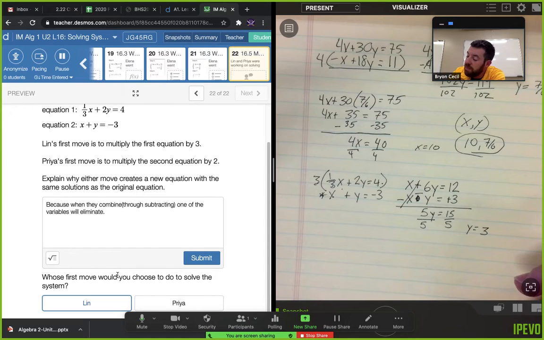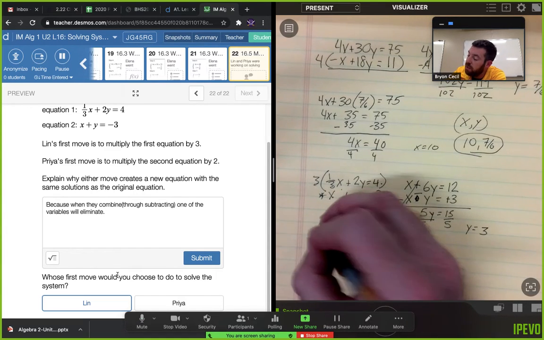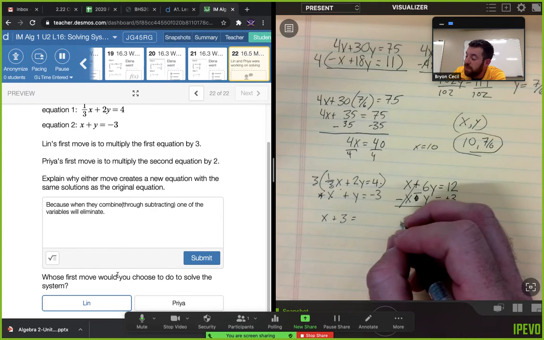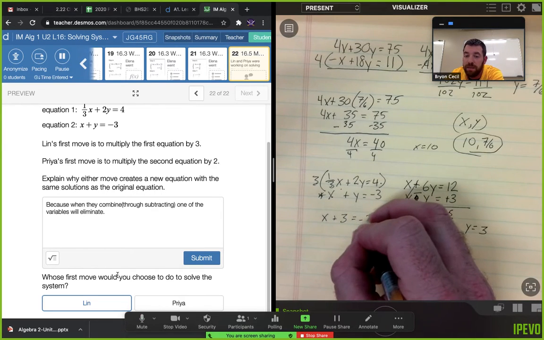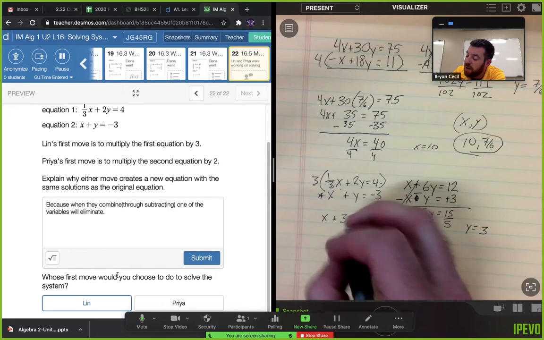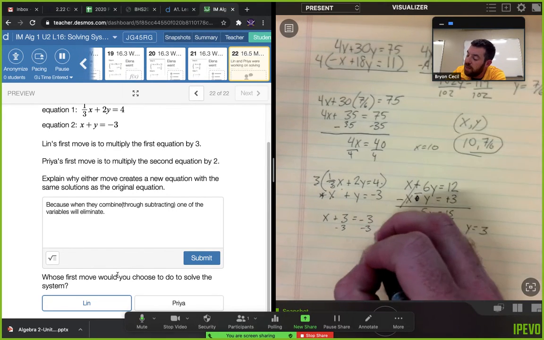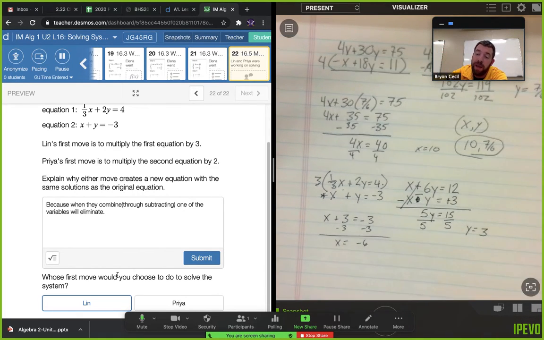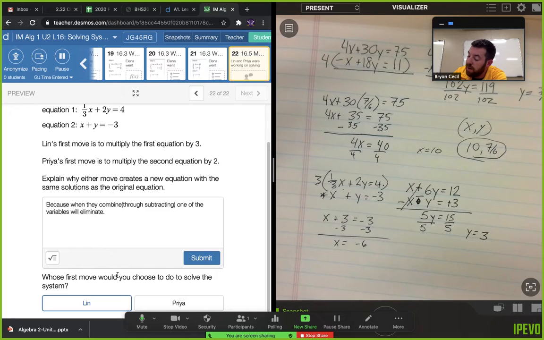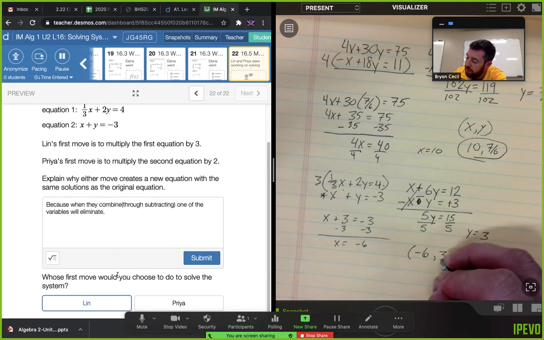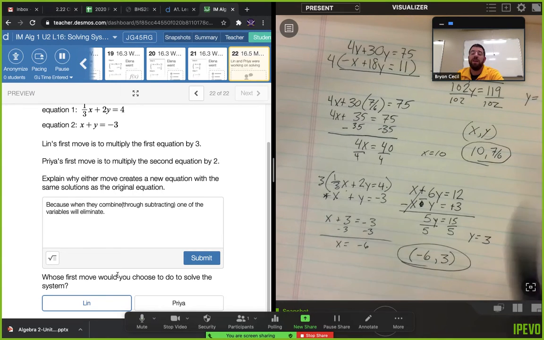So I'm going to have x plus the 3 here, and that is going to give me -3. All right, hey, next thing we do is isolate that variable, subtract the 3, and you're going to find out that x equals -6. We need to put that as an ordered pair, so that means my final answer is (-6, 3).